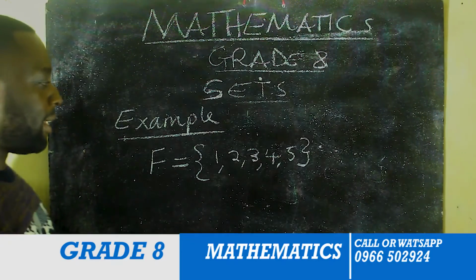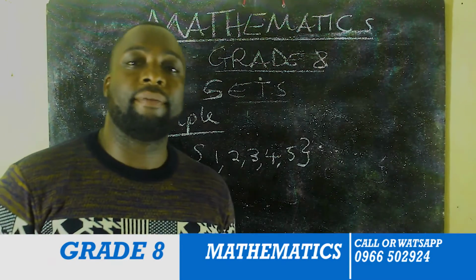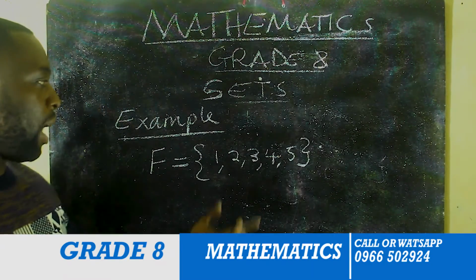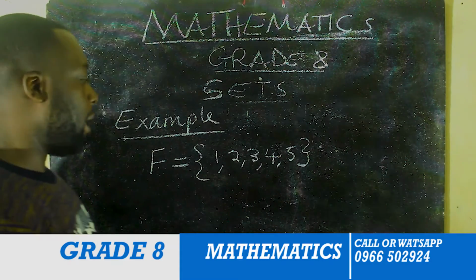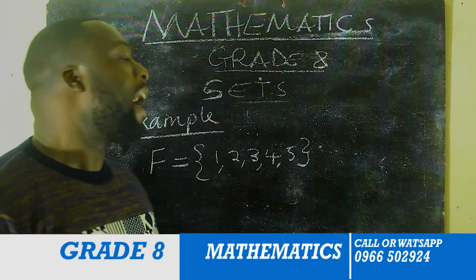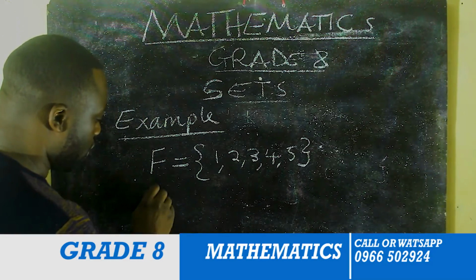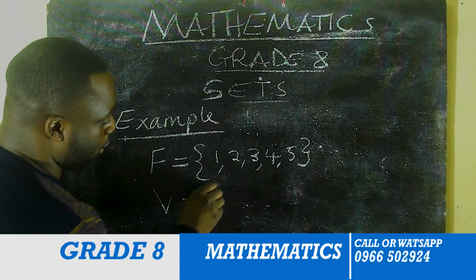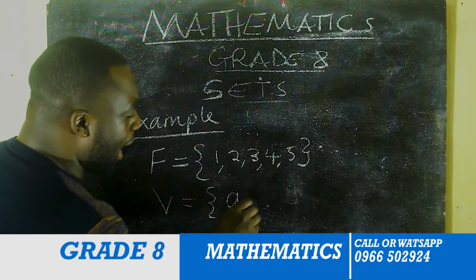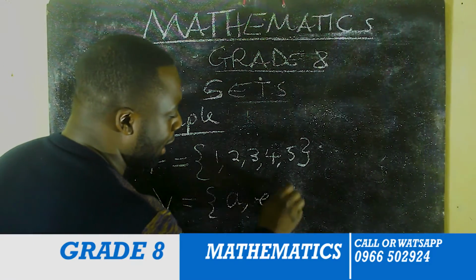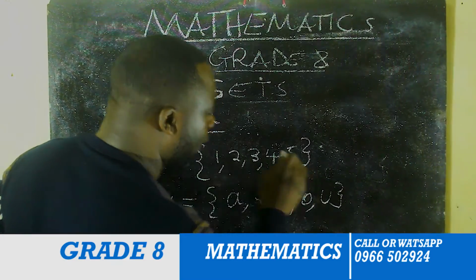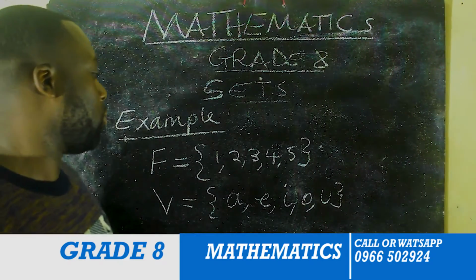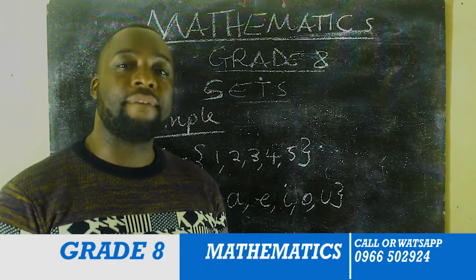We have represented the first 5 natural numbers. We can also represent a set of vowels. V = {A, E, I, O, U}.